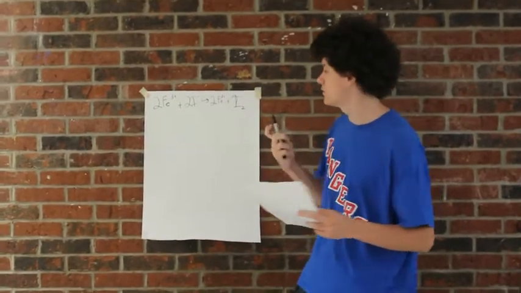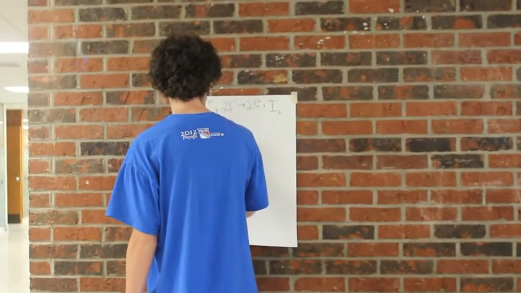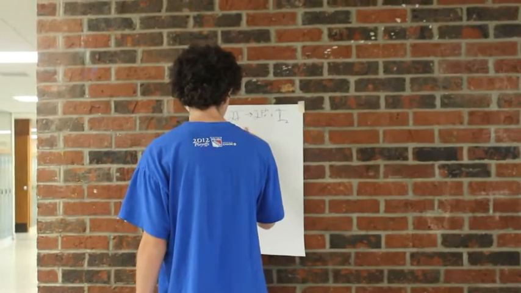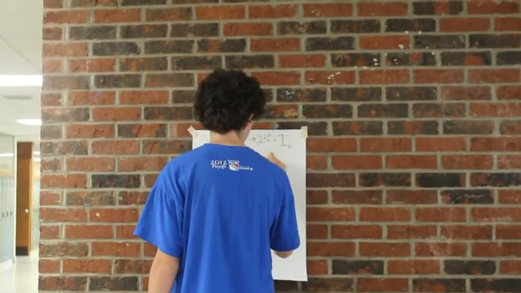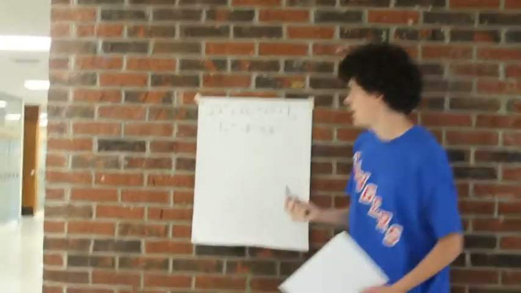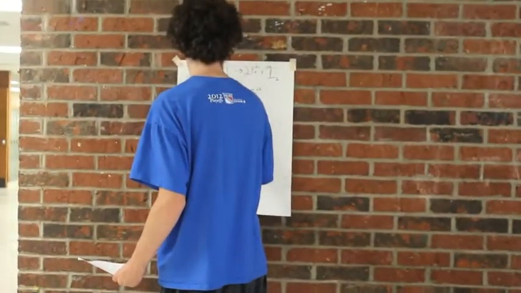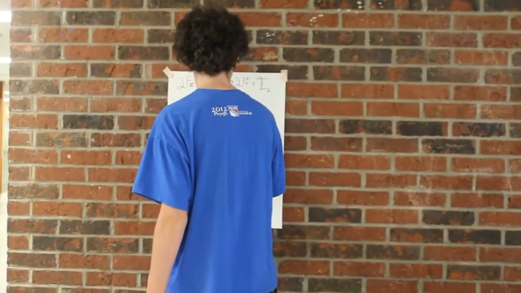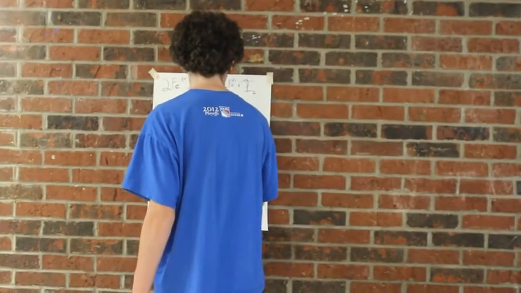So you would take the 2 half reactions, which in this case are Fe3+ + e- yields Fe2+, and the other one is 2I- yields I2 + 2e-.